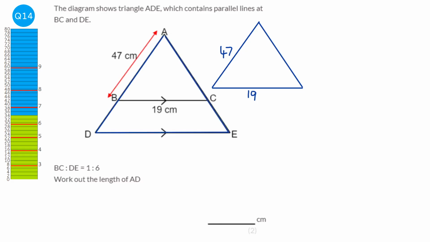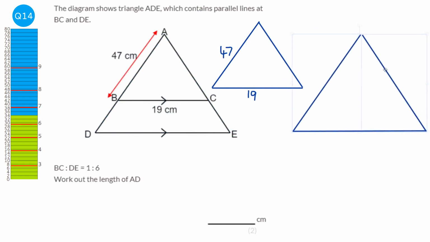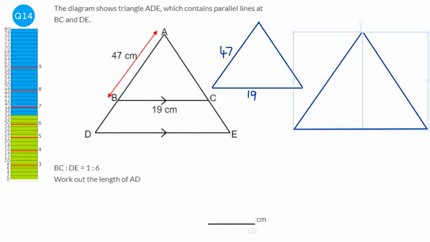We don't really know what any of the sides are just yet, but we can work them out. Okay, now we know that both of these triangles are similar, and the reason is they share an angle and the lengths at the bottom are parallel, so they will be similar, which means one's an enlargement of the other.